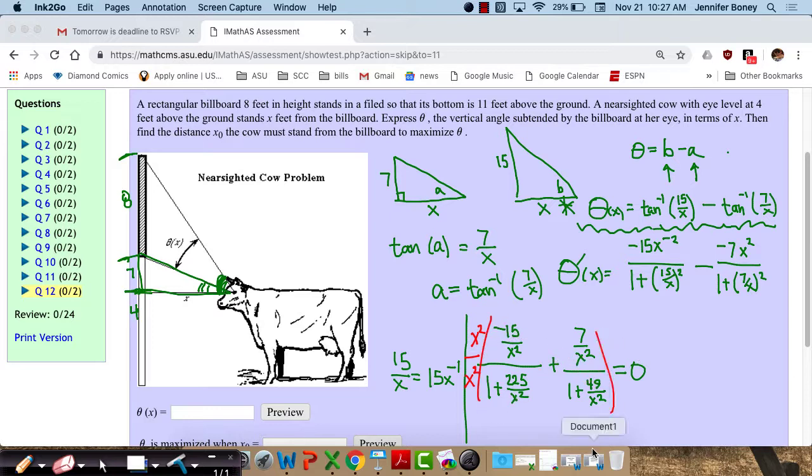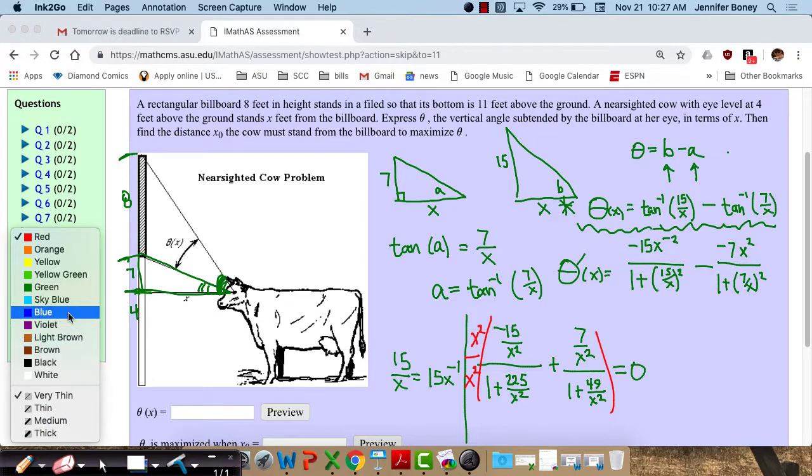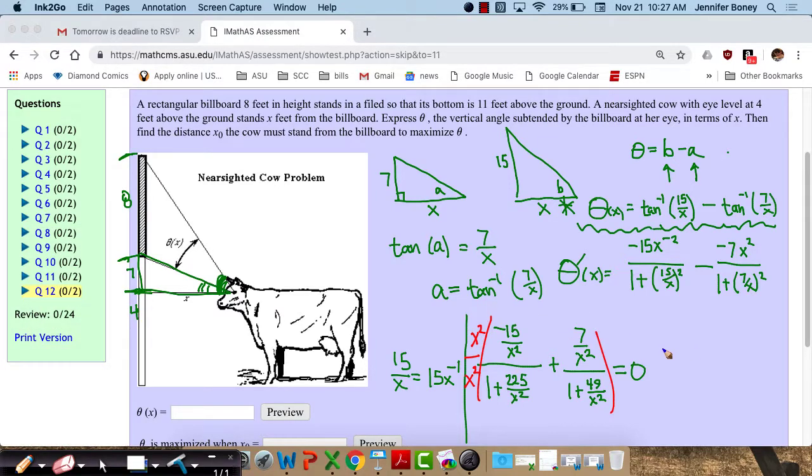I'm going to do that to both fractions, but I'll just do it the quick way. I'm multiplying the left side by a form of 1, but that eliminates all these double fractions, and we just end up with a numerator in the first fraction, negative 15, and a denominator, x squared plus 225. And in the second fraction, similarly, we get 7, and then the denominator, x squared plus 49.